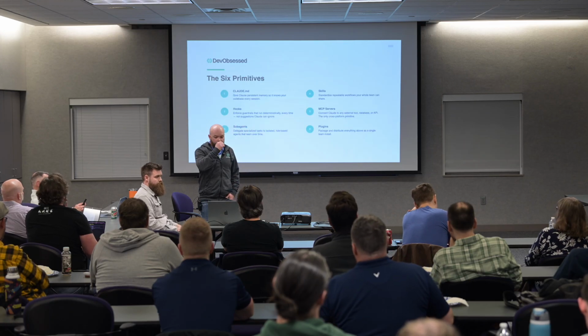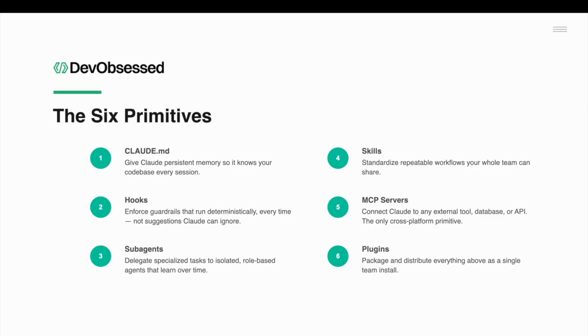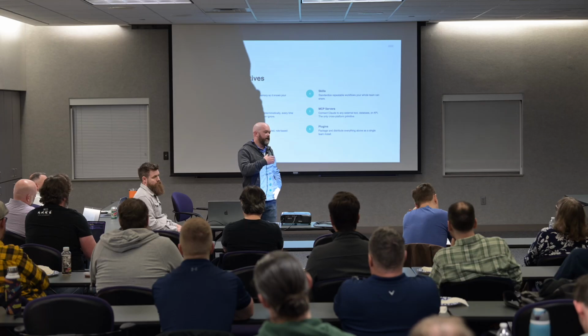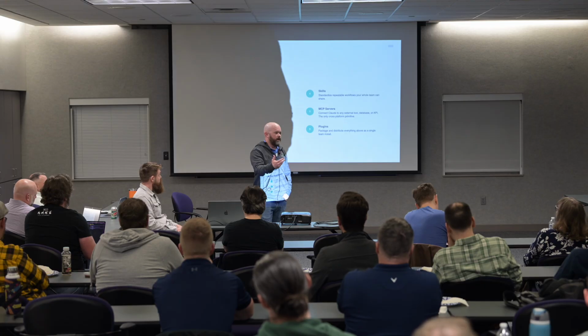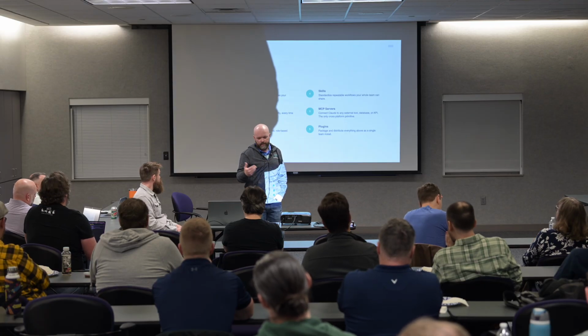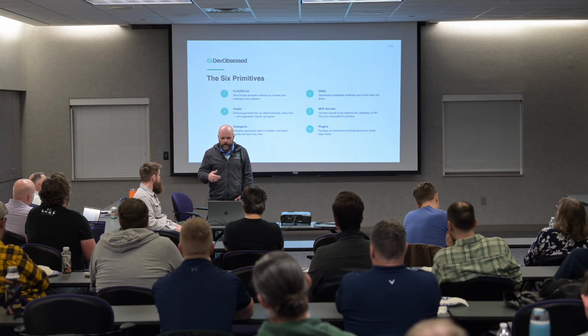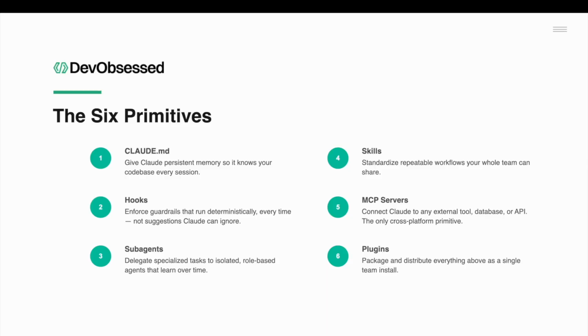All right, so 6 primitives we'll cover tonight. So memory for Claude. Claude has its Claude MD file. Every time Claude starts up, it has nothing. Okay, so whatever you provide it, it only has that context. That's what we'll cover there. We've got hooks to give it more of a deterministic approach instead of probabilistic nature.